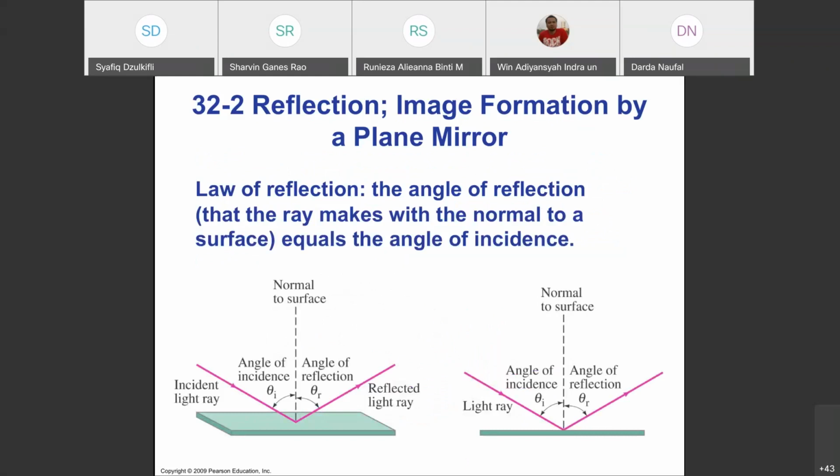If we have a plane mirror, a straight mirror, the law of reflection states that the angle of reflection, let me write here, the angle of reflection R, the angle that the ray makes with the normal to a surface, equals the angle of incidence, the incoming angle.